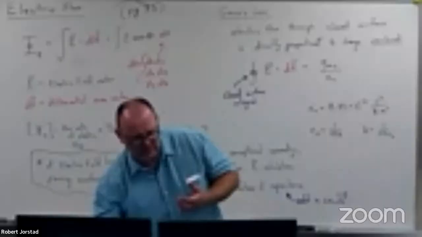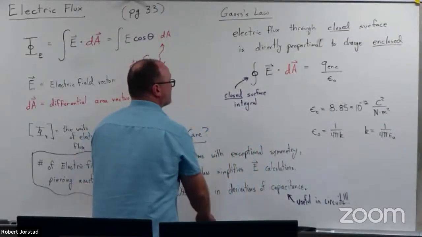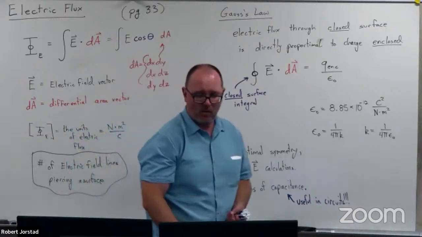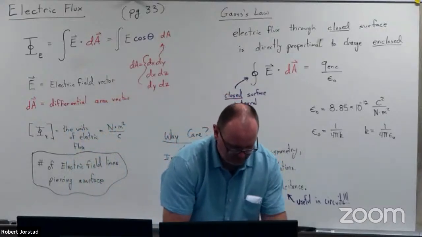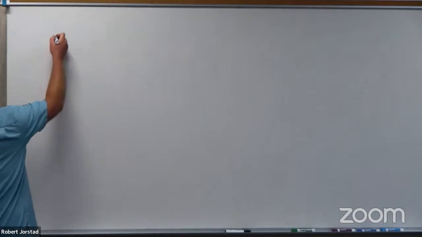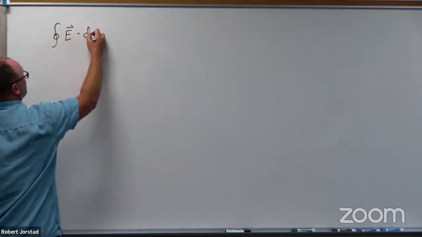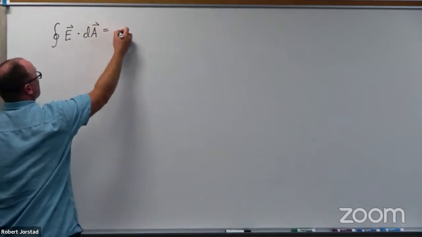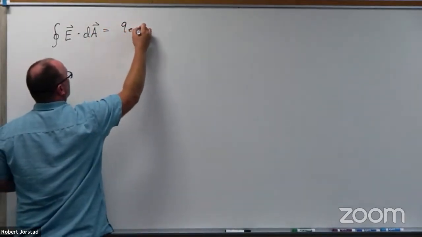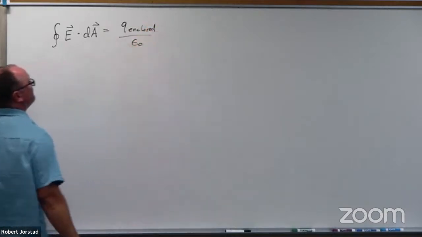Well, what is that going to do for us? Check this out. This is what I think is so really cool about this. In general, for any closed surface, the integral of E dot dA is equal to Q enclosed over epsilon naught.